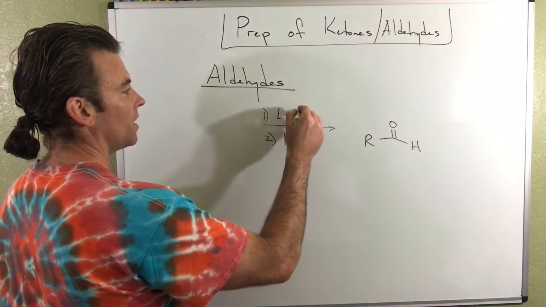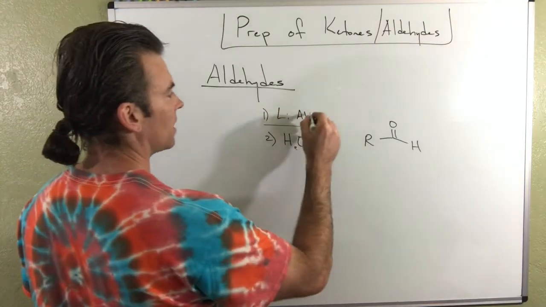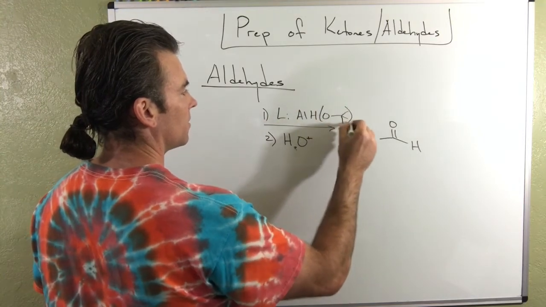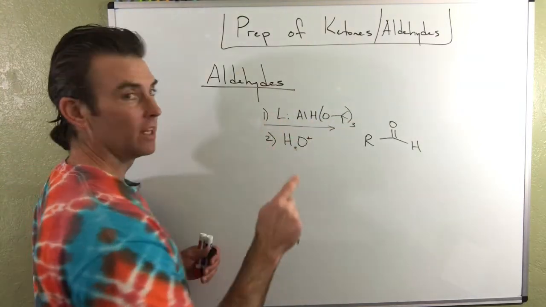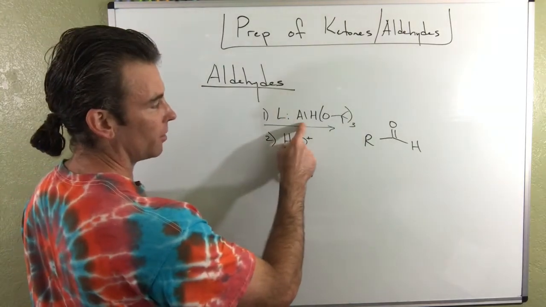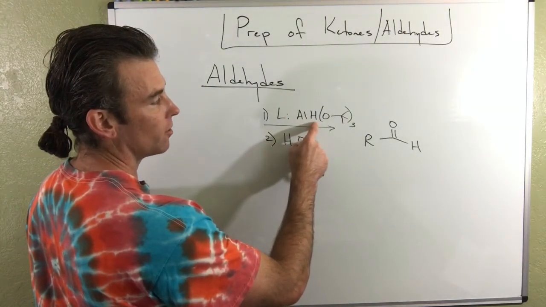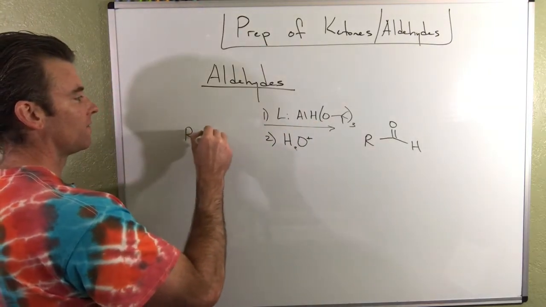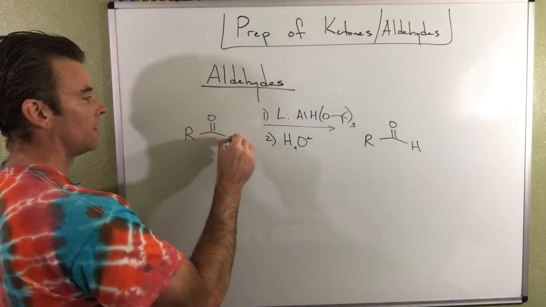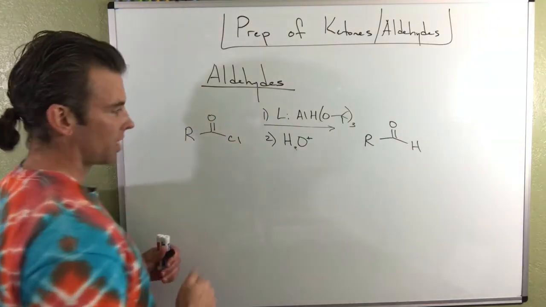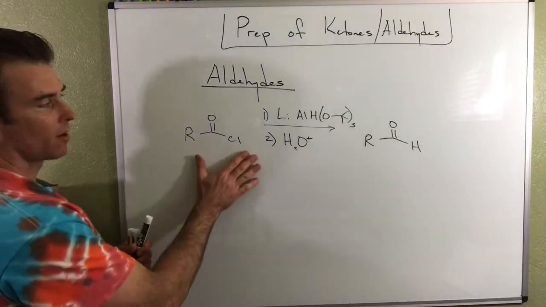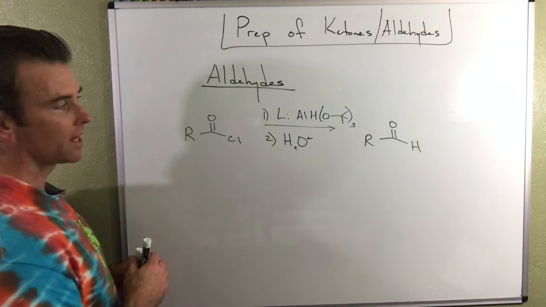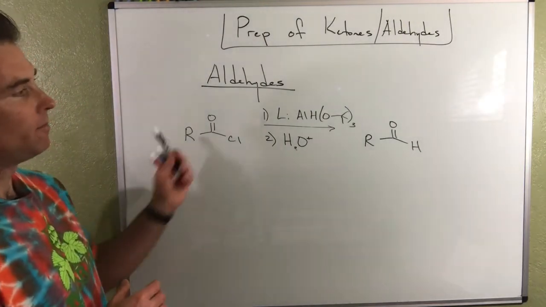But it turns out that this kind of altered reactivity hydride, which I believe this reagent is called lithium aluminum tri-tert-butoxyhydride, is very good at doing that kind of partial reduction of this other carboxylic acid derivative known as an acid halide. So that's a pretty useful reaction as well.